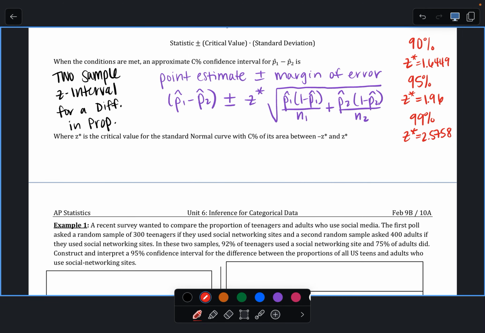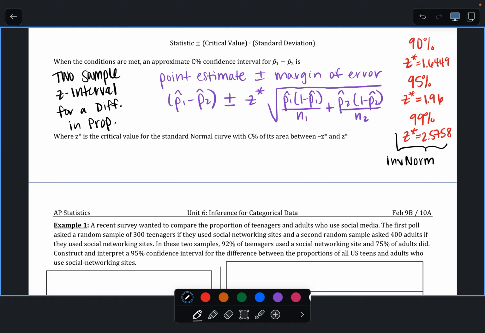It's optional. You don't have to memorize these. You can technically find all of the Z stars that you need using inverse norm, but these are the three most common ones. I would say if there's any one that I would take the time to memorize and know, it's probably going to be the 95%, because that is the most common confidence level that you'll see on any questions that you get. So these are the three most common ones.